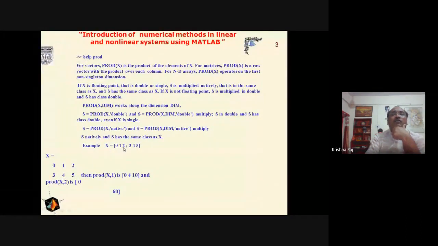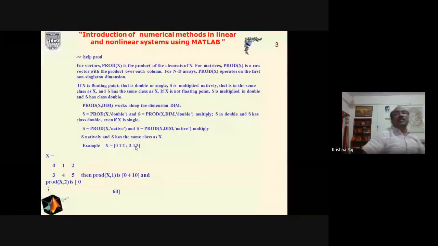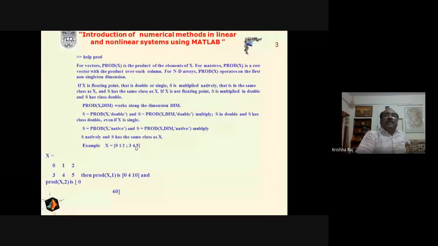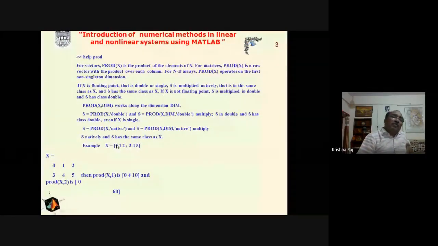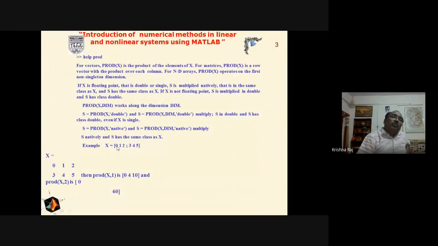0, 1, 2, and the second row is 3, 4, 5. As we have discussed yesterday, if we are interested in representing any matrix, then the elements of a row may be represented either using a comma between two consecutive elements, or using a character gap between two consecutive elements of that row.